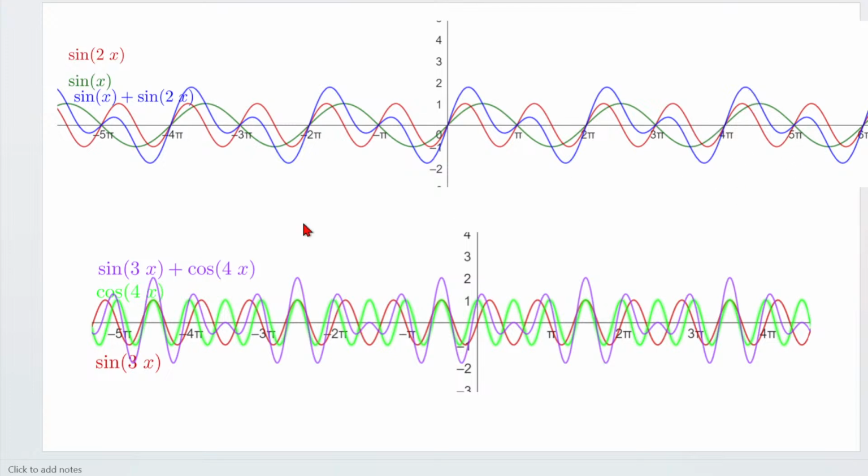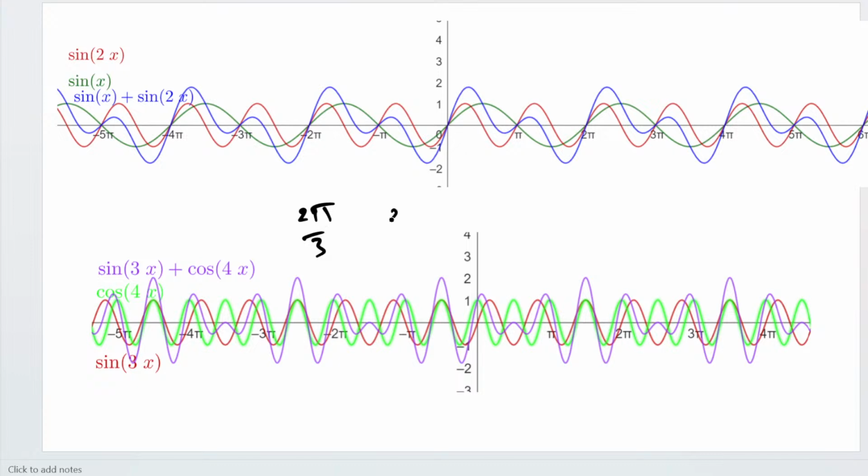Okay, now sin 3x plus cos 4x. Sin 3x, how frequently does it repeat? 2 pi by 3, right?